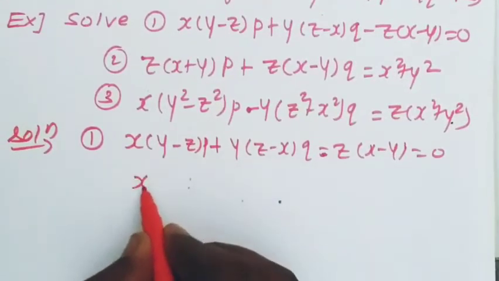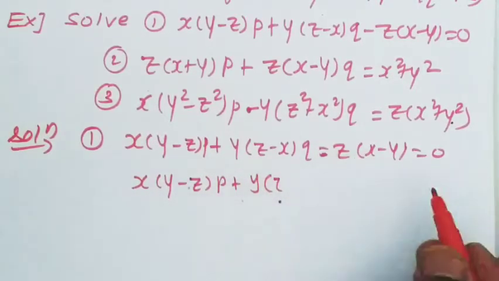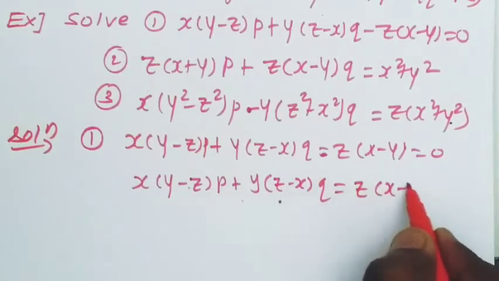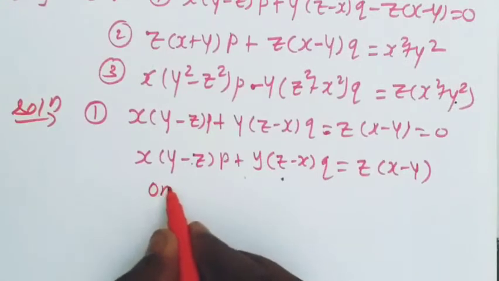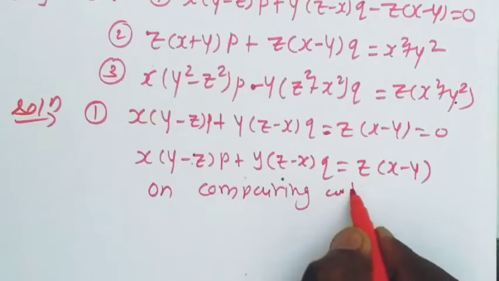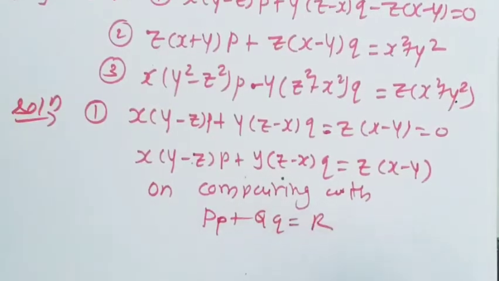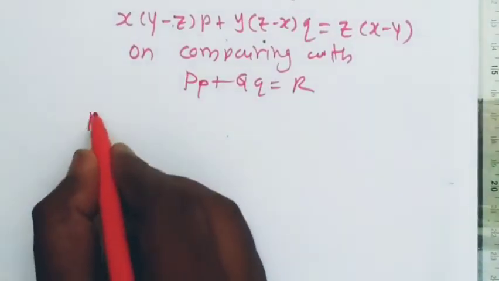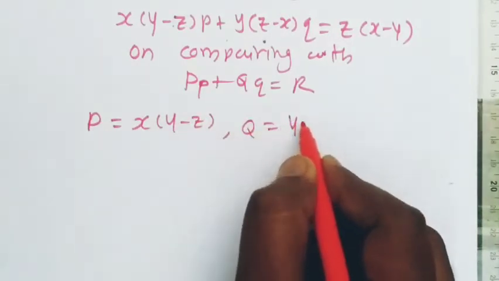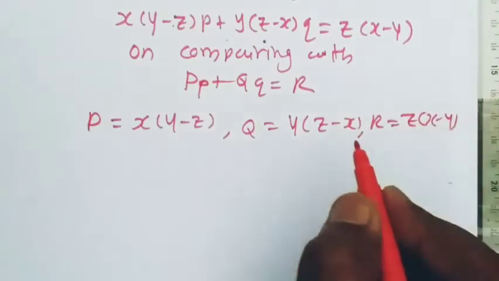Now if you transfer this minus to the right, we get the equation in the form Pp plus Qq equal to R. On comparing with Lagrange's equation Pp plus Qq equal to R, we get the values of P, Q, R as capital P equal to x into (y minus z), capital Q equal to y into (z minus x), capital R equal to z into (x minus y).